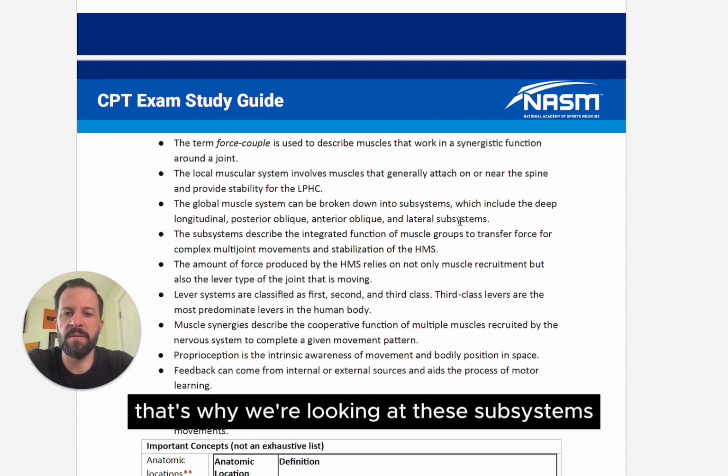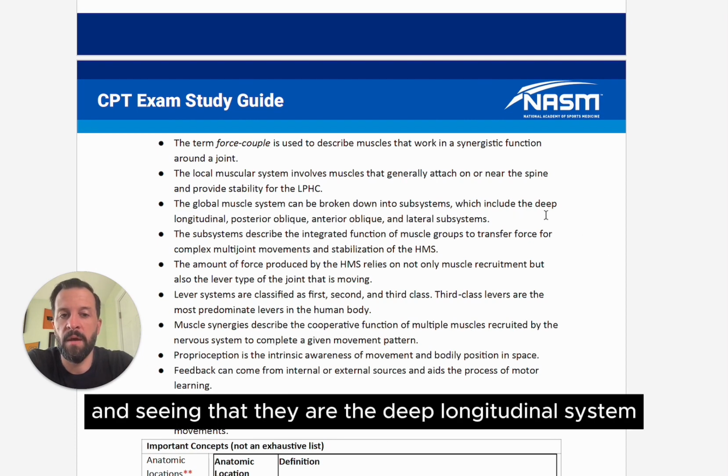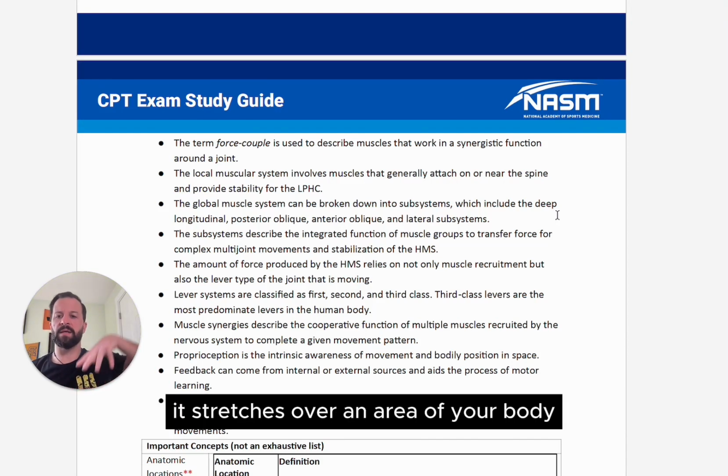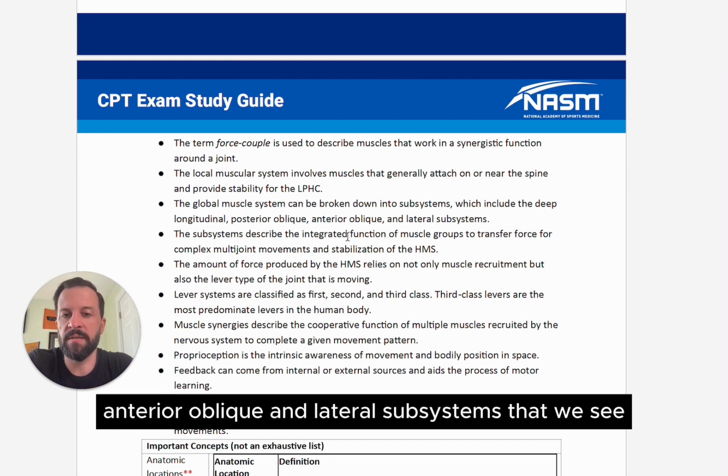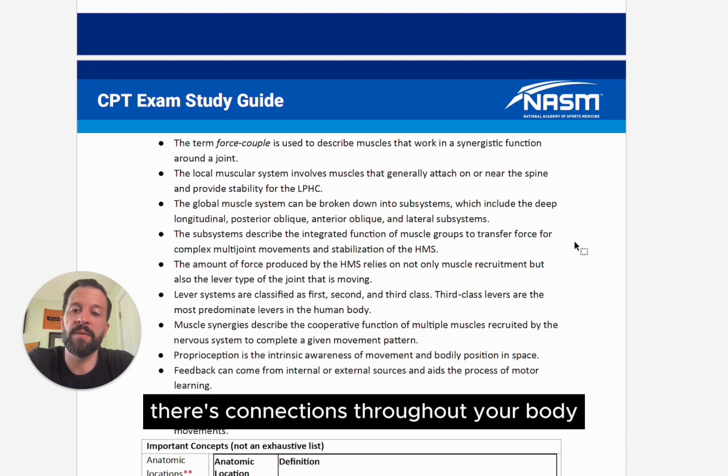That's why we're looking at these subsystems and seeing that they are the deep longitudinal system. It stretches over an area of your body. Similar with the posterior oblique, anterior oblique, and lateral subsystems that we see. There's connections throughout your body.